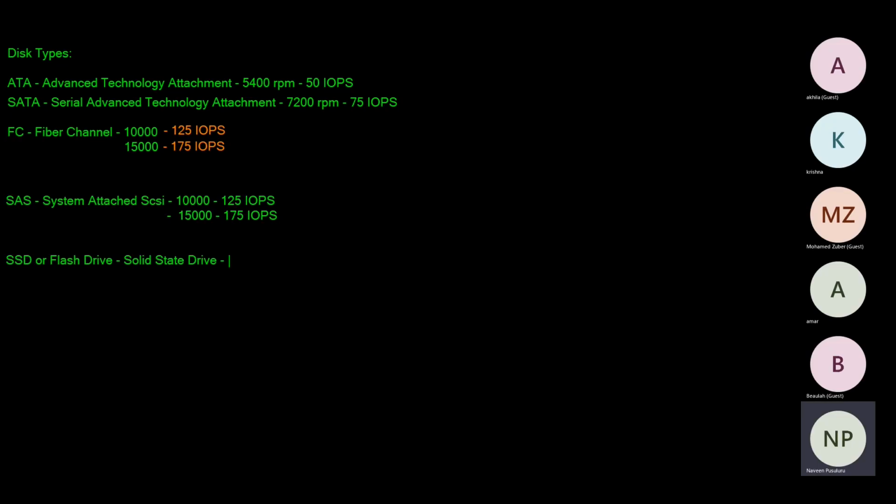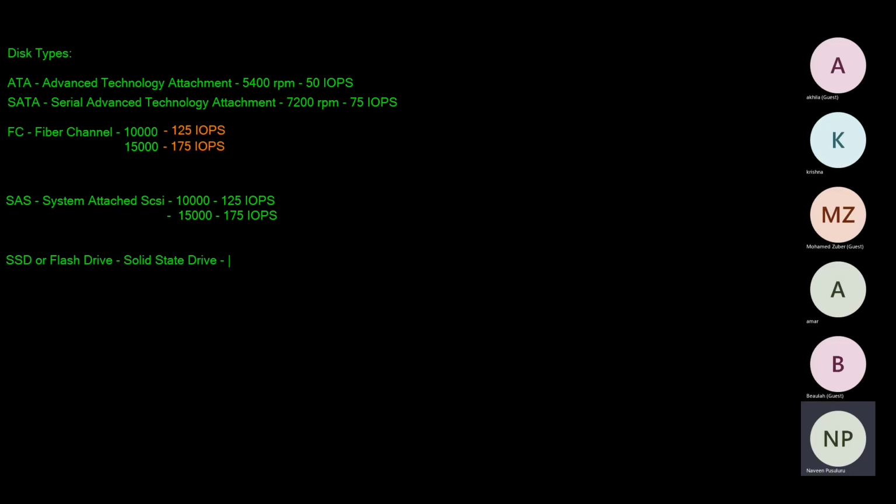When you compare SSD with other disks, normally the internal components in other disks are moving parts, right? That means the platter will have rotations, and based on the rotations, it will get the performance. But when it comes to SSD, there are no moving components.